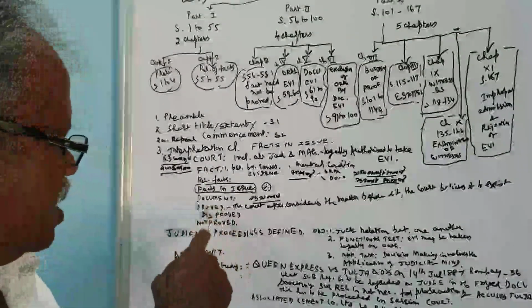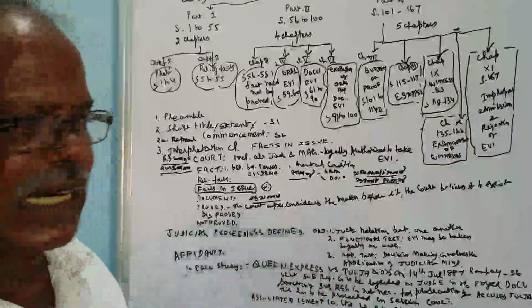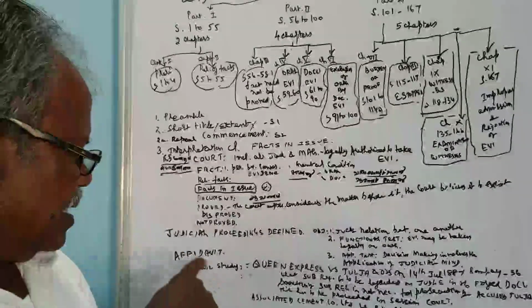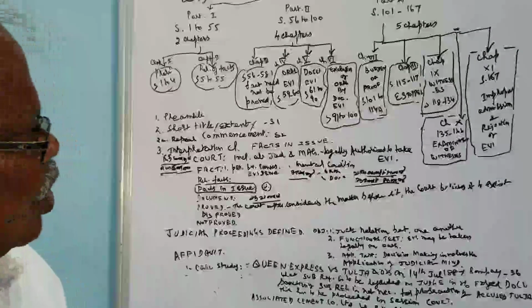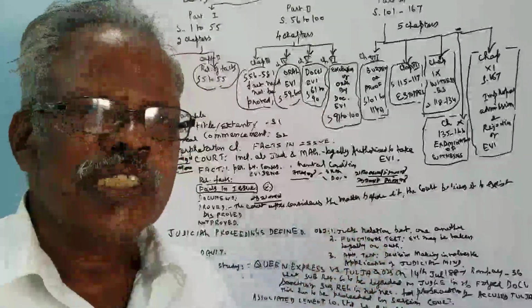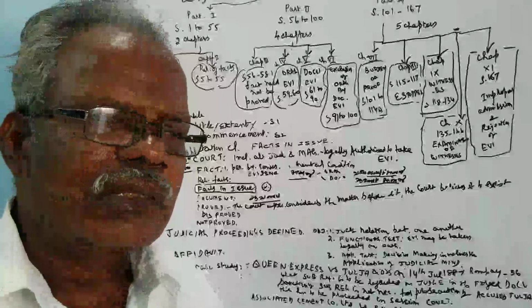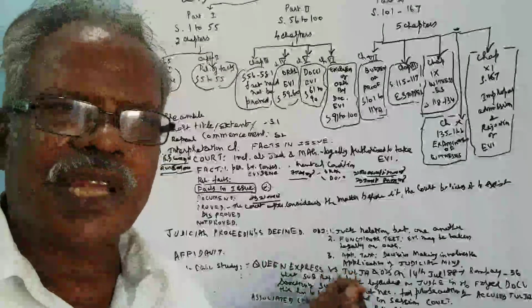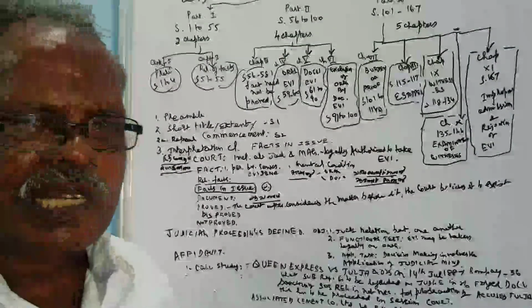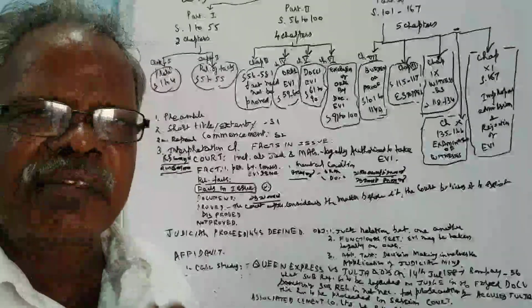So proved, disproved and not proved, these things we have to understand. And these are all coming under section 3. Next thing, usually in the Indian Evidence Act, judicial proceedings have value for the Indian Evidence Act. So only the judicial matters are taken up for the Indian Evidence Act.